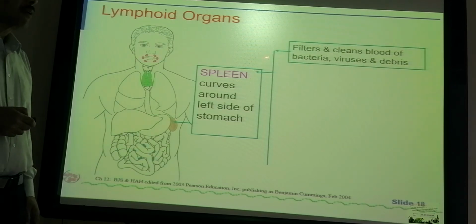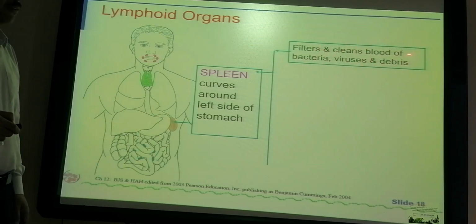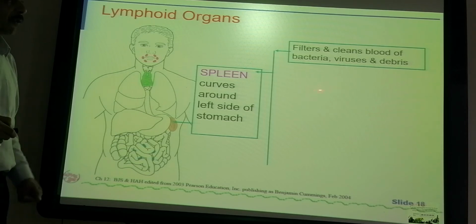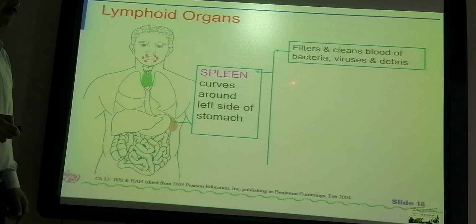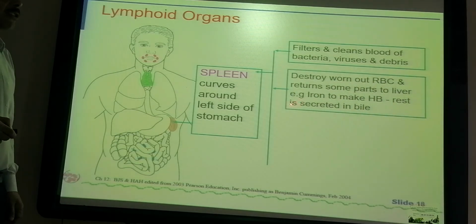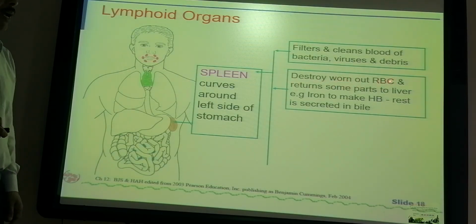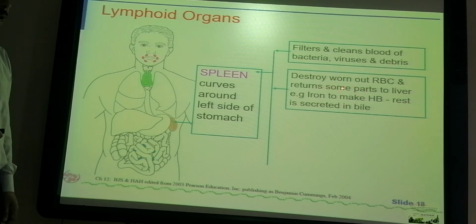So it filters and cleans the blood of bacteria, virus, and debris, or any end product of destroyed bacteria or virus, and destroys worn-out red blood cells and returns some part to the liver, like the iron, in order to produce hemoglobin. The rest is excreted in the bile.